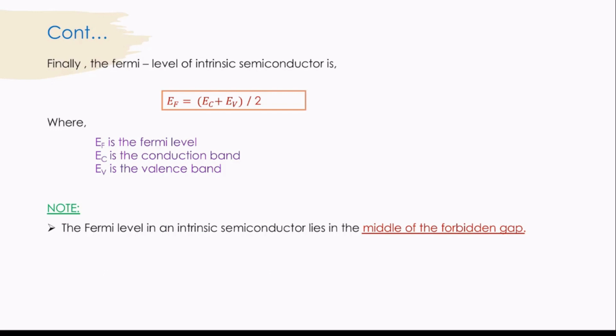Finally, the Fermi level of the intrinsic semiconductor is expressed as Ef is equal to (Ec plus Ev) by 2, where Ef represents the Fermi level, Ec represents the conduction band, and Ev represents the valence band. And finally, the point to be noted is that the Fermi level in an intrinsic semiconductor lies in between the forbidden gap.